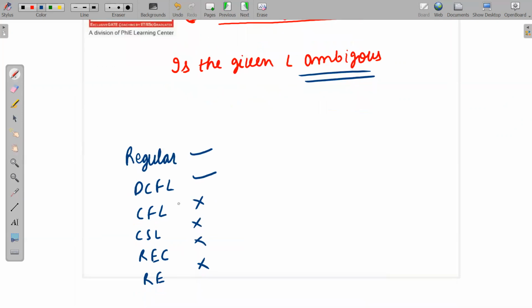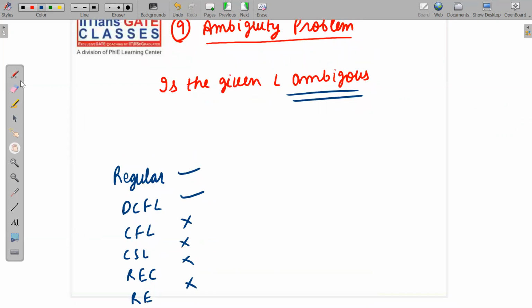I want to clear one thing. Is the given L ambiguous? I'm saying the language is ambiguous. A language may be ambiguous or unambiguous. A language is ambiguous when we are not able to write an unambiguous grammar for it.